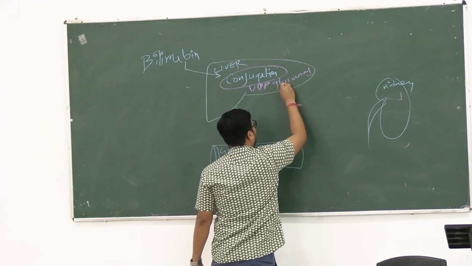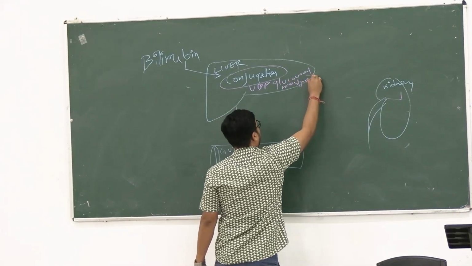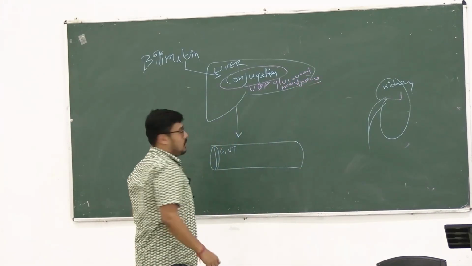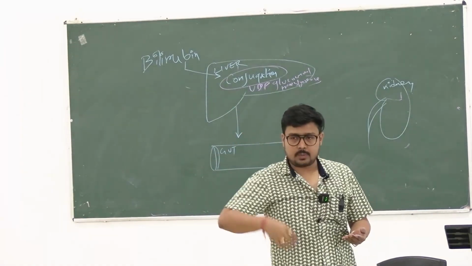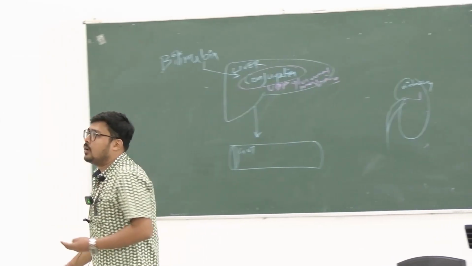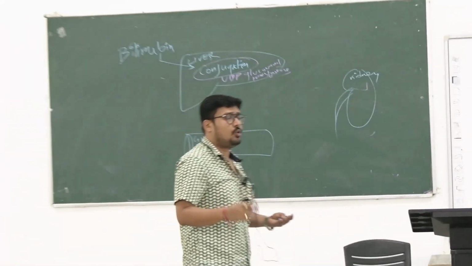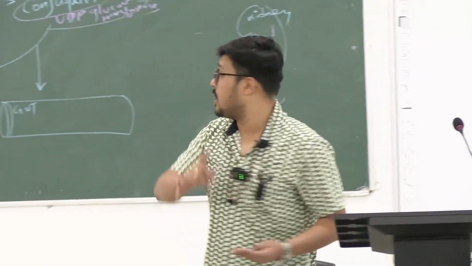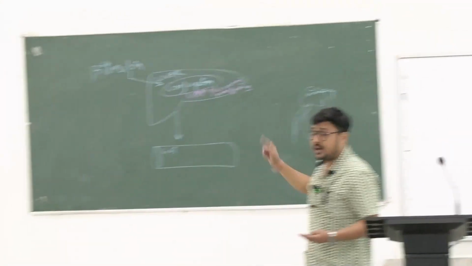So a glucuronyl group will be added to the bilirubin molecule. First mono, one group, next diglucuronide, finally two glucuronyl groups will be transferred by UDP glucuronyl transferase.